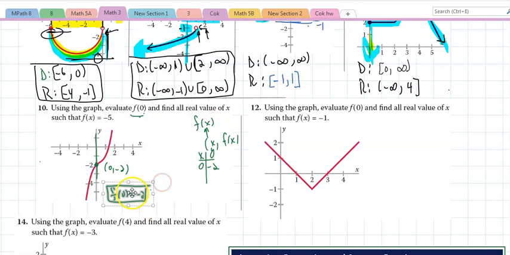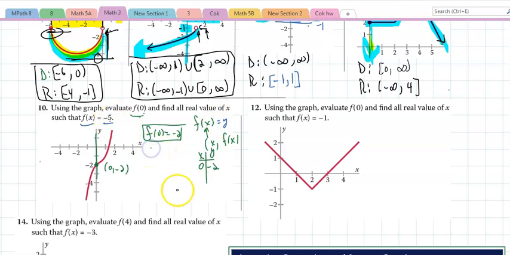There's the first answer. And notice what this says. This says f of x equal negative 5. Didn't we say this was y? So this is saying, what if y equals a negative 5? Graphically, y equal negative 1 is a horizontal line, 3, 4, horizontal line right there.